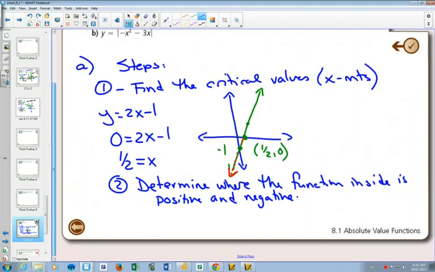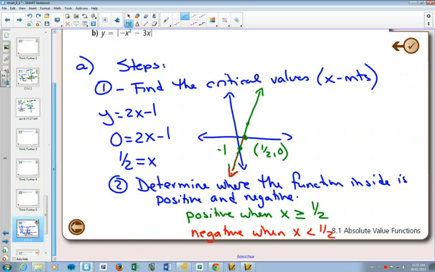So to summarize, it is positive when x is bigger than or equal to 1/2, and negative when x is less than 1/2. So that critical value changes it from being positive to negative.